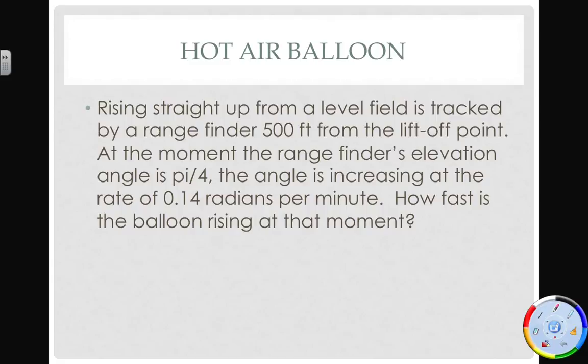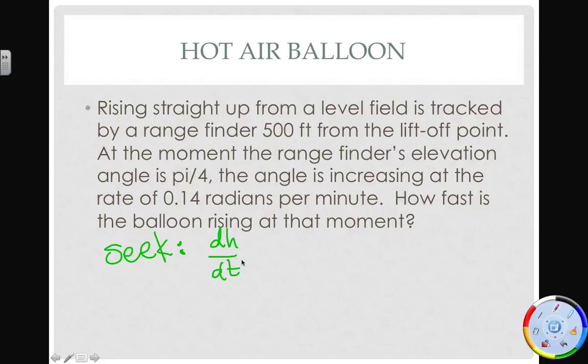So here's some things we know. Let's think about what we seek and what we know. We seek how fast the balloon is rising. We're going to call the balloon's height h, so we want to know what is dh/dt, the rate of the height.